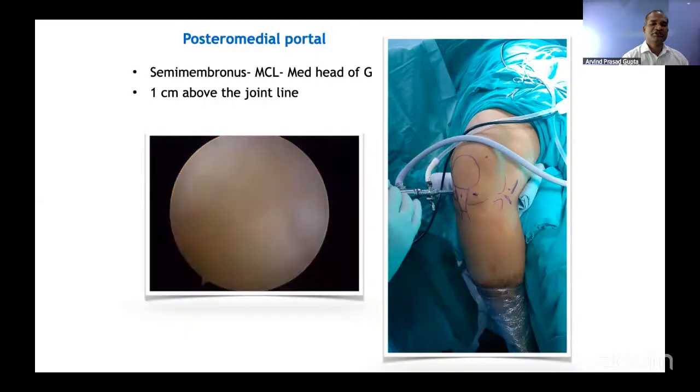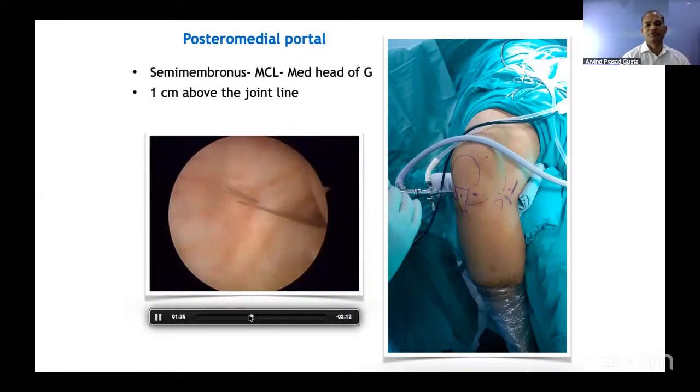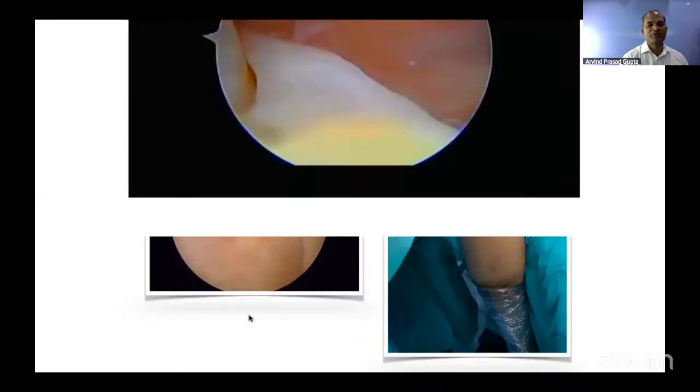And once it is on the capsular side, then you start passing your knife. Then you see here, under vision, you are putting your knife. You can see first pass the needle, followed by the knife under vision. In this way, proper visualization is very important inside the knee joint. In this way, you will prevent any iatrogenic type of injury.